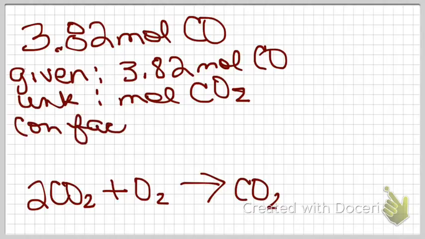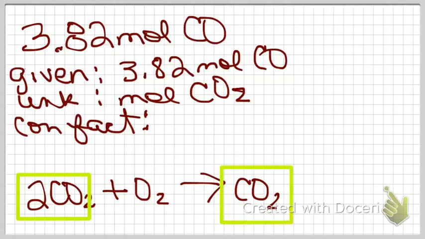Here's the only new thing in this whole section. The only new thing. You're going to take your balanced equation, these coefficients. Oops, that's not balanced. I need a 2 in front of there. You're going to use those balanced coefficients as your very first conversion factor.